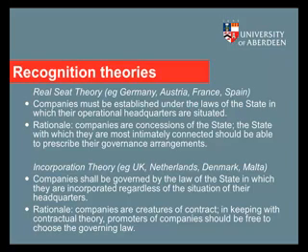Now, the rationale for this approach to the establishment and recognition of companies is that companies are principally creatures of contract. They are principally the product of a private agreement which is then endorsed by the state. And in contractual theory, the view is taken that we should be free to choose both the content of our contract and the law governing that contract.